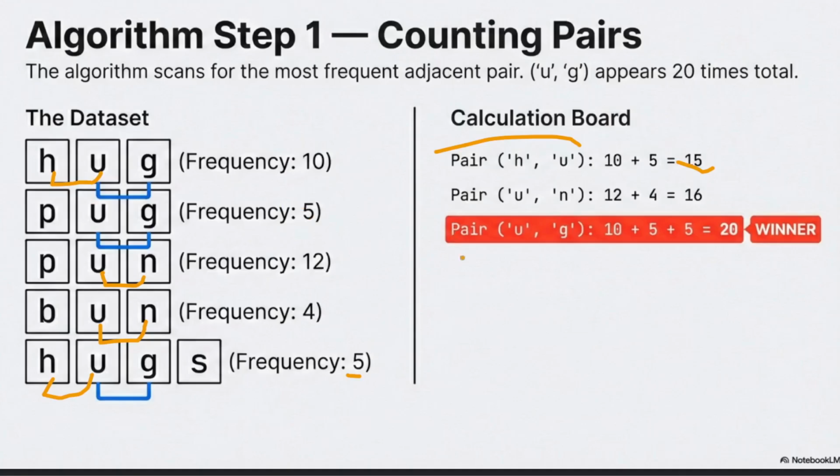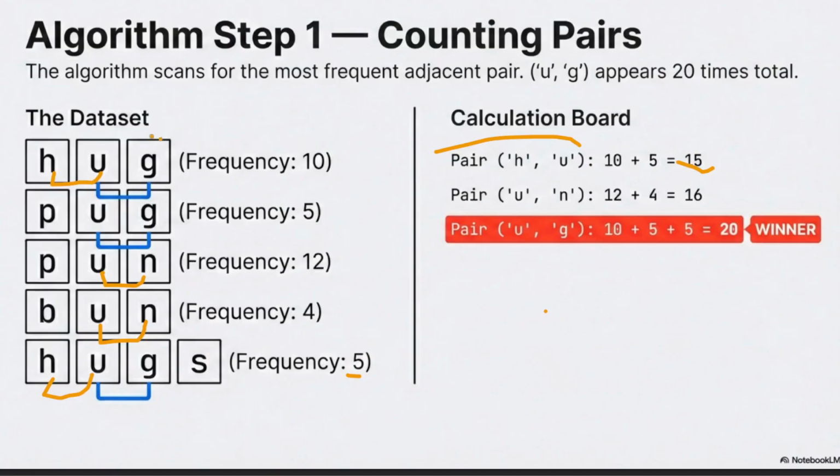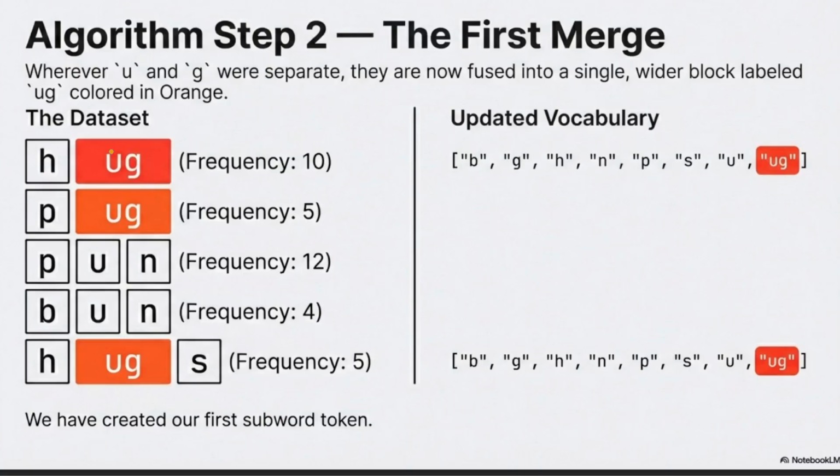So here the winner is the pair U and G, the most frequent pair in our dataset. Because U and G won the popularity contest, we merge them and create a new token, UG, so they are not separate, each in its own box. Now they share the same box, UG.